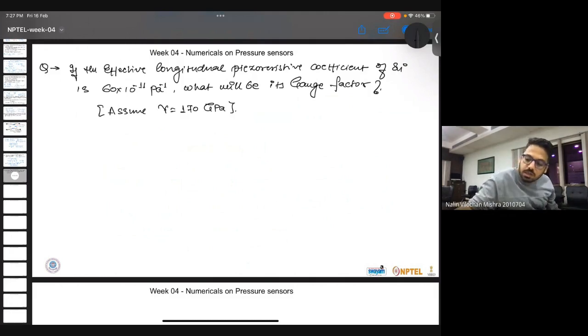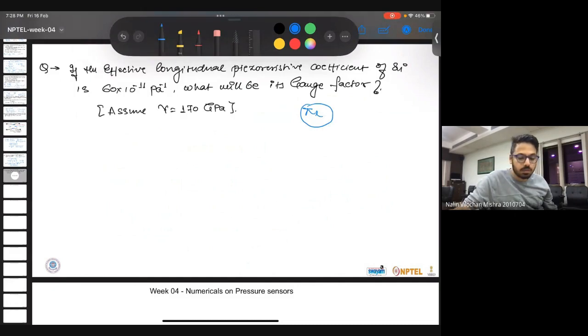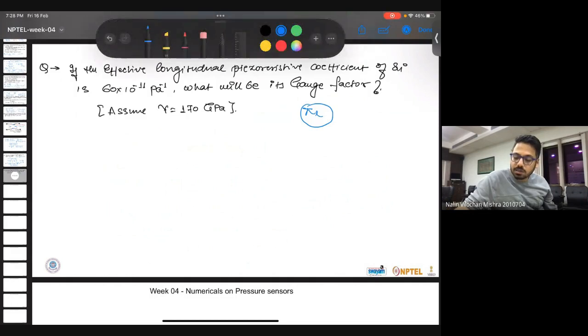So what are they asking? They are asking for the longitudinal piezoresistive coefficient, which is pi L. Sorry, the value of pi L is given as 60 into 10 to the power minus 11 Pascal inverse.